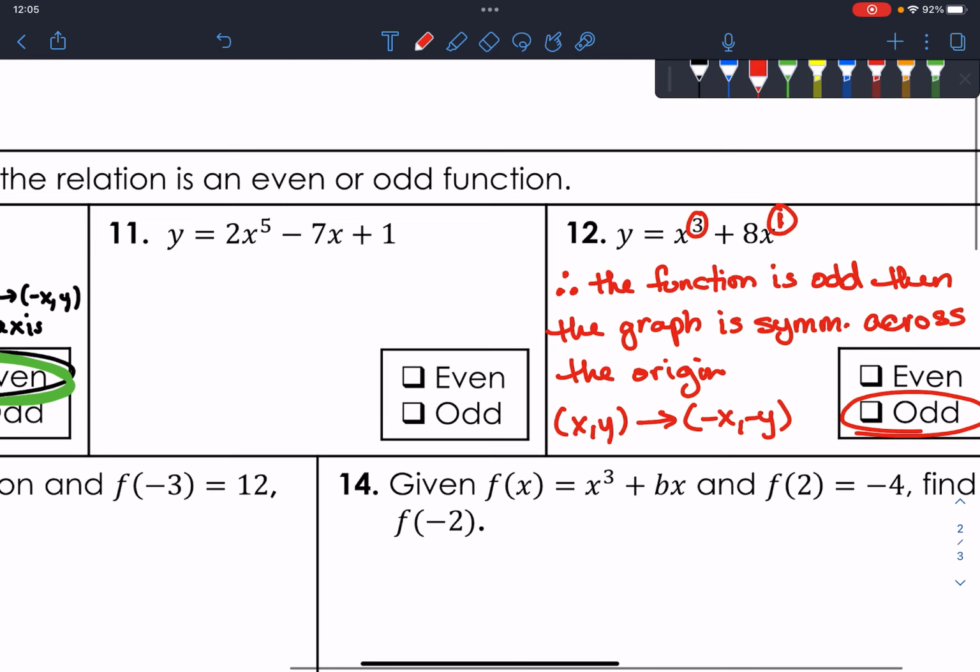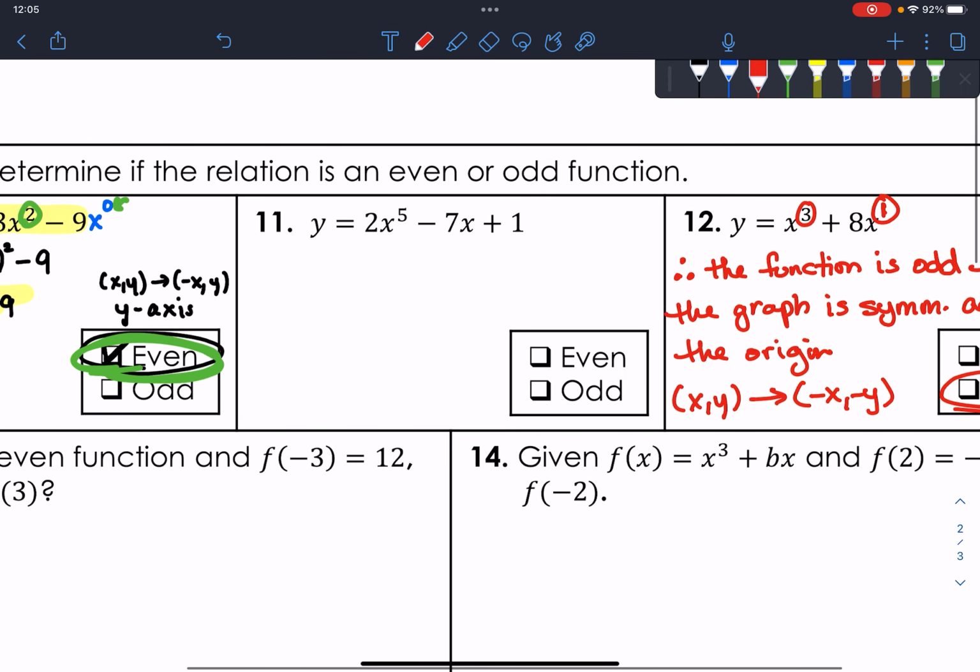And well, for number 11, in order to determine whether number 11 is even or odd, again, we would simply look at those exponents. Since here we have an exponent of 5, an exponent of 1, and this last value here, 1, doesn't have an x, that means it's x to the 0 power. And this exponent is even. So we have one even exponent and two odd exponents. So since the exponents are not all the same, even nor odd, this is going to be neither.